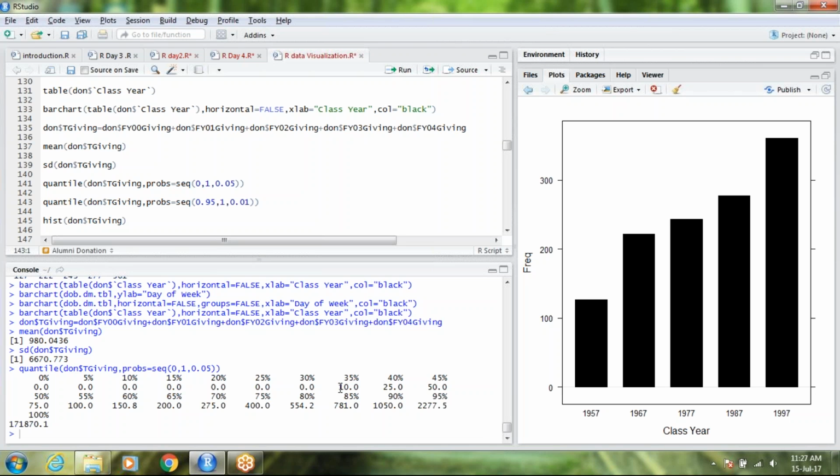Then I have some $10, then 25, and so on. Then it keeps on increasing, and at the 100th percentile, the one who has paid a lot has paid somewhere around 1,71,870. This is the highest value, and for this reason we can see that the standard deviation value is quite high compared to our mean.